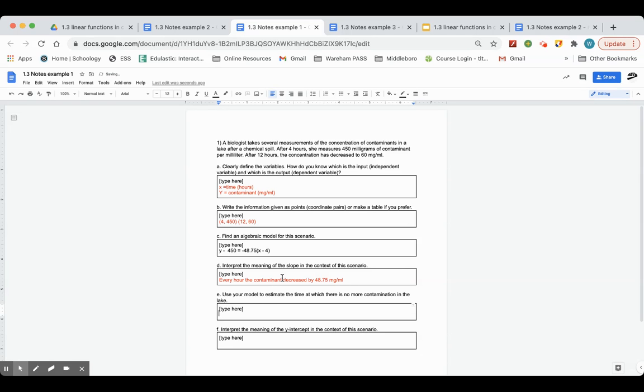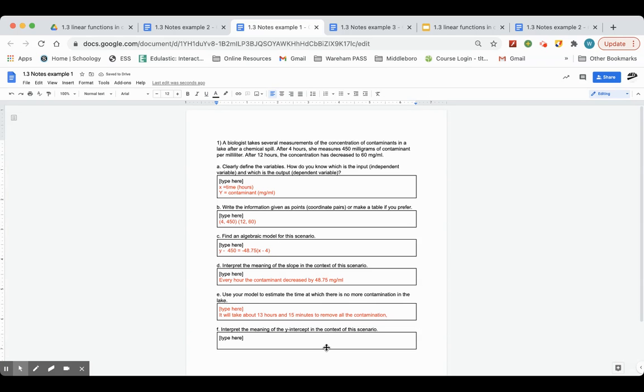So it will take about 13 hours and 15 minutes, or over 13 hours, or less than 14 hours, to remove all the contamination. And I'll make sure that that is in red for you, as is this.